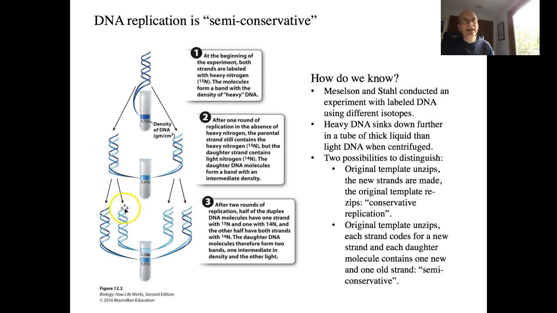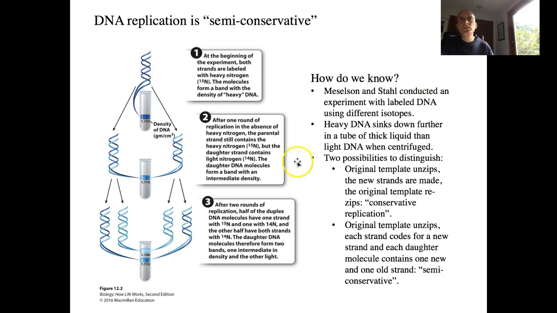And then if we go to the next round of replication, now one light will give rise to another light one, and the other dark will insert another light one, right? So you will always have this one heavy molecule, but all the future replication molecules will become light. And so you can see that in the next round doing the centrifugation.